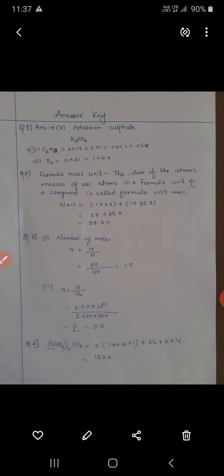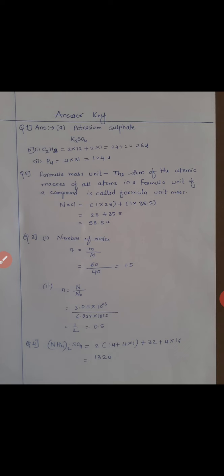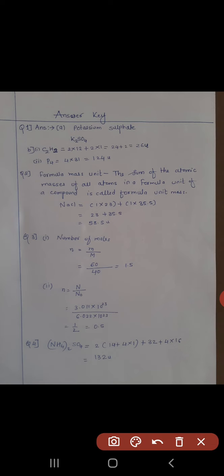So you should know that for the number of moles, small n, the formula is small m upon capital M. Small m is the given mass.